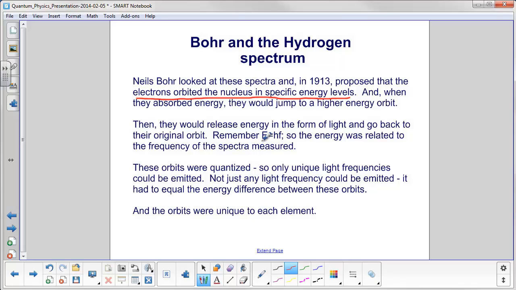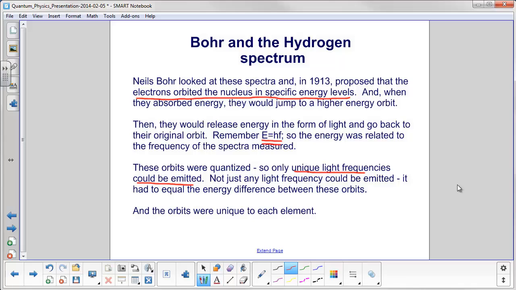Now, Max Planck had already come up with energy equals hf, so the energy was related to the frequency of the spectra measured. Bohr stated these orbits were quantized, so only unique light frequencies would be emitted, and that's what the spectra was showing. There were different values of intensities, there were different frequencies that showed up in the spectra.